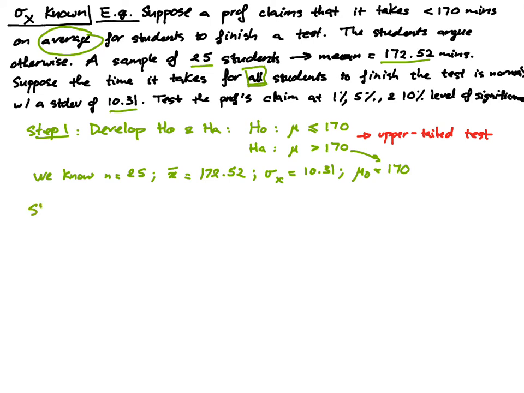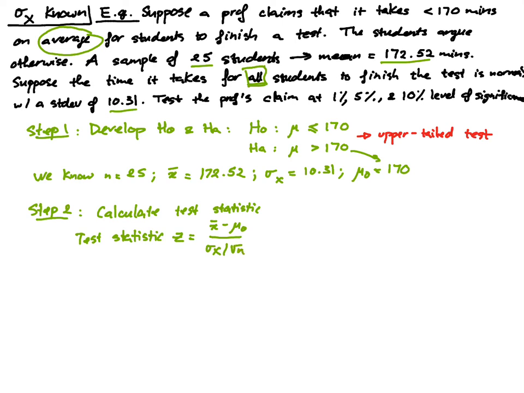In step 2, we want to calculate the test statistic. Our test statistic in this case, where we know the population standard deviation, is equal to x bar minus the hypothesized value mu sub 0 divided by sigma over the square root of n.